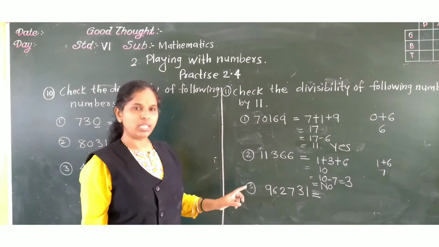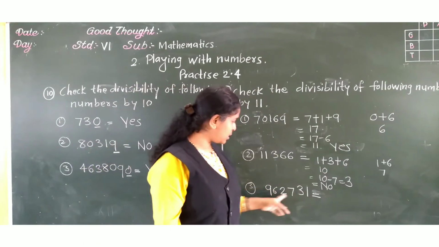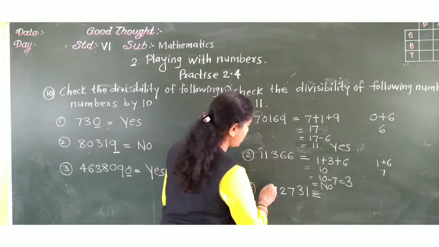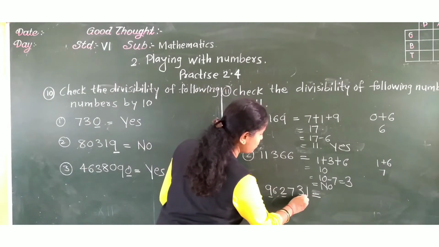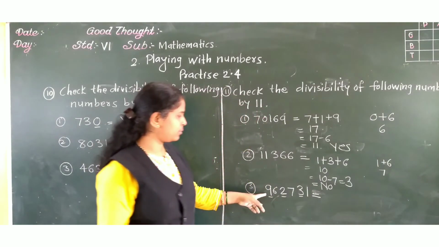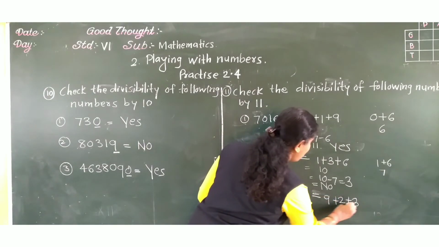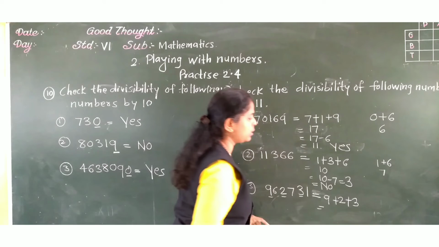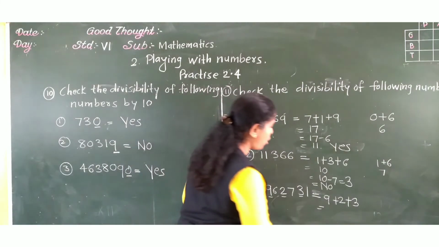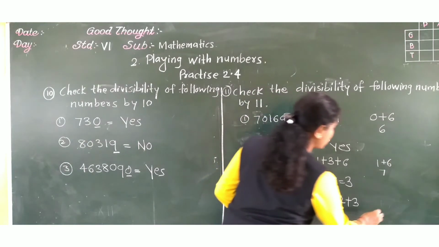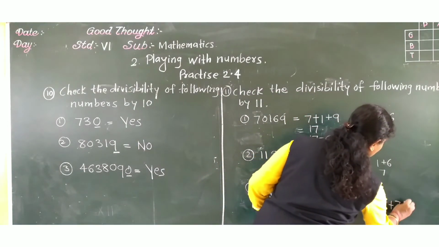Okay. Now see, we will see whether it is divisible by 11 or not. See here. The numbers which are at odd places are 9 plus 2 plus 3. Add it. 9 plus 2, 11. 11 plus 3, 14. Okay. And numbers which are even places are 6 plus 7 plus 1.